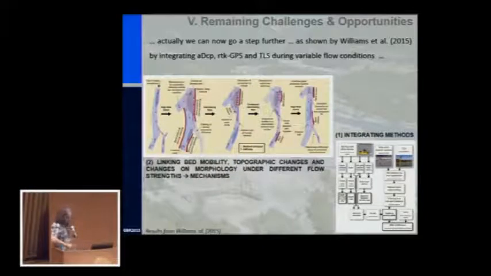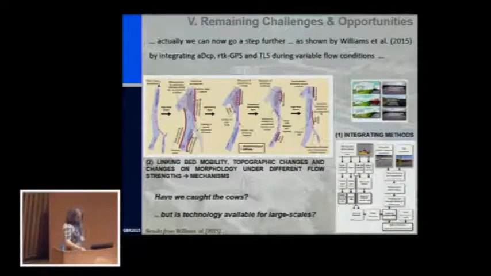What we do in this case is link bed mobility, topographic change, and changes in morphology under different flow conditions, and look at the mechanisms of change in this part of the river. So yes, we may get some insights into what the cows are doing in this cartoon, but is the technology available for large scales? This is for small spatial scales, but what's going on when we talk about a reach scale?